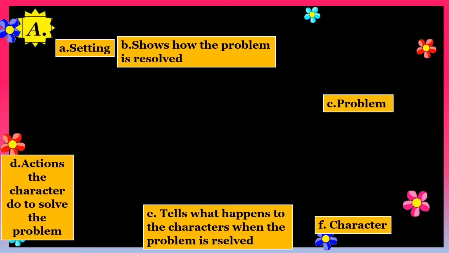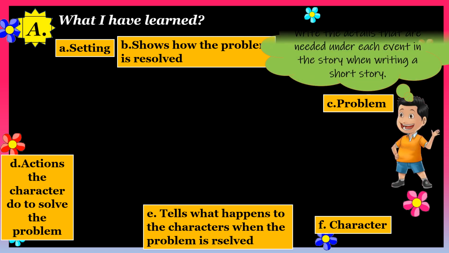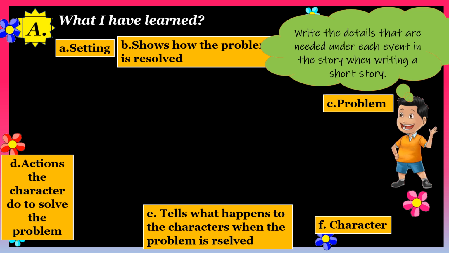Alright, so now let's answer this. Let's check what you have learned from the lesson. Write the details that are needed under each event in the story when writing a short story. So you have there the choices. A. Setting. B. Shows how the problem is resolved. C. Problem.